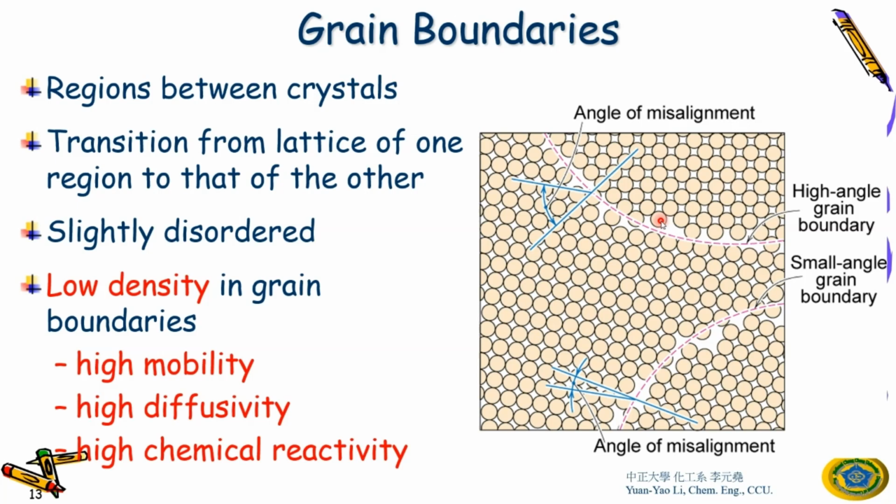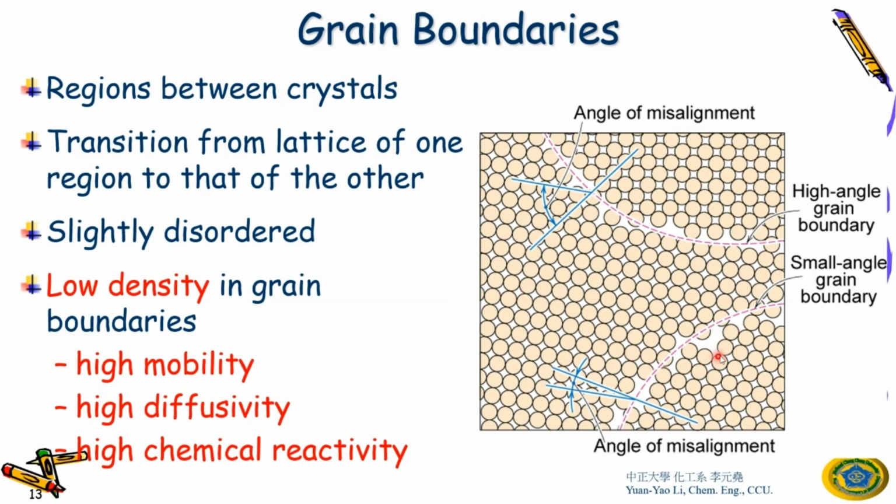Okay, so ladies and gentlemen, I want you to remember these important things because we are going to talk about this in chapter 4 and even chapter 5, diffusion. This atom is easy to react with other atoms compared to this atom, right?